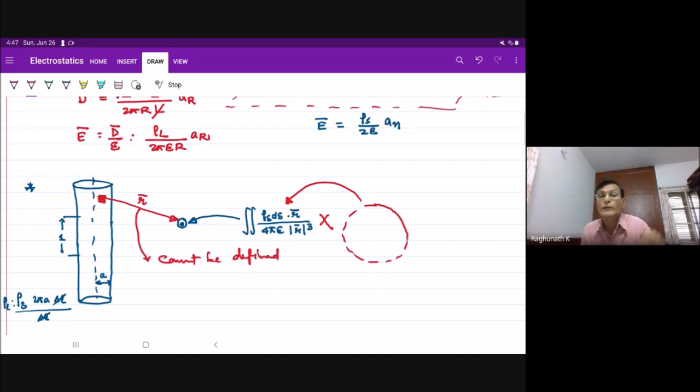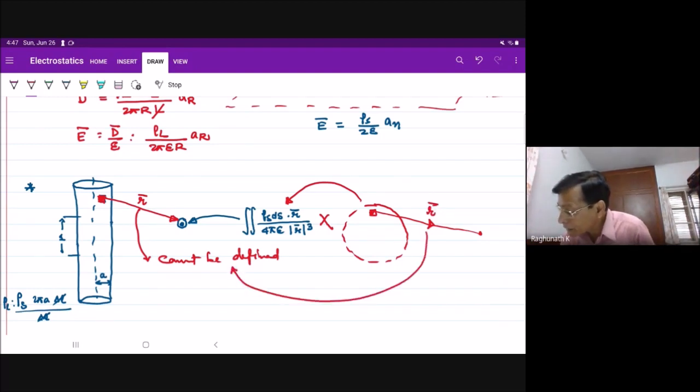If we get into the spherical coordinate system, I should be in a position to define on the sphere the vector from any point to any point on the sphere, which is not given in the spherical coordinate system. In this case also, R bar is not defined, because of which I cannot use this.